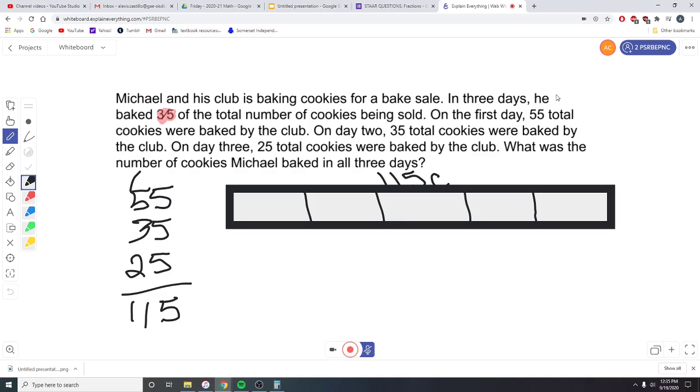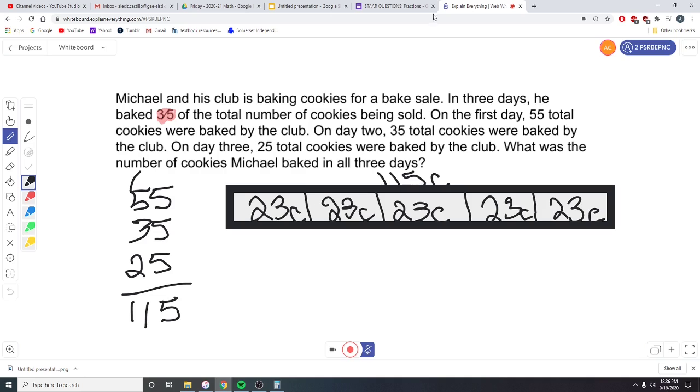So this part here is worth 23 cookies. So is this 23 cookies. 23 cookies. If you add all of these up, this should add up to all 115 cookies. All we did was take the 115 and divide it into 5 pieces.